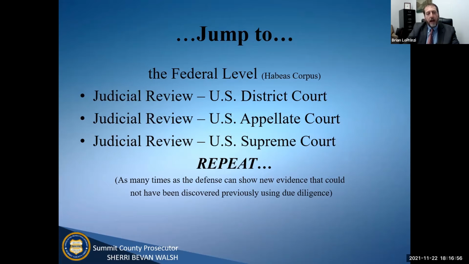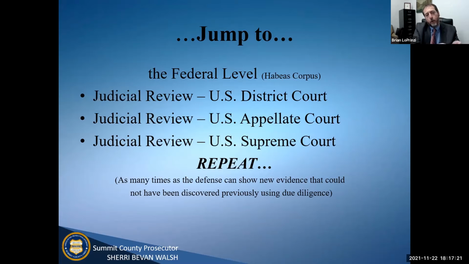Part of the reason for that is once somebody exhausts all their appeals and gets into the federal system, you can repeat this process over and over as many times as you have new evidence or new information that wasn't discoverable previously. So that's why you'll hear a lot of things come up again. You're like, wait a minute, didn't they just rule on that?